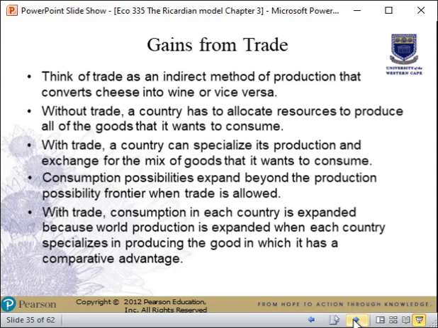This approach is more efficient than the direct production method. More so, this approach leads to the expansion of consumption beyond the production possibilities of a nation.